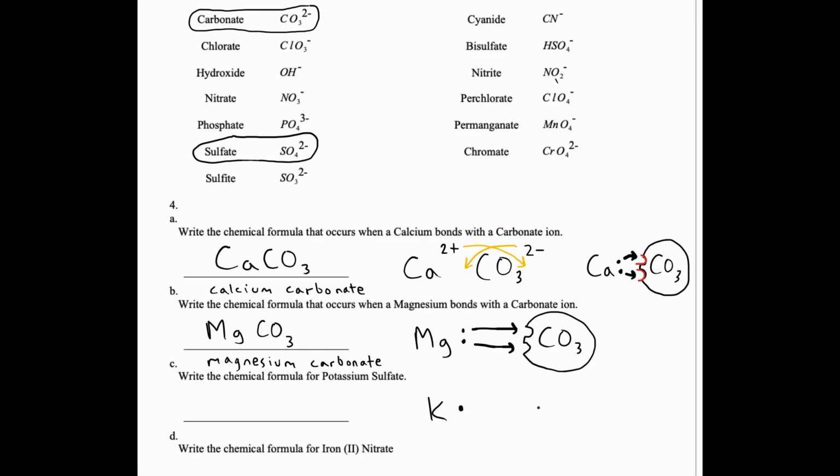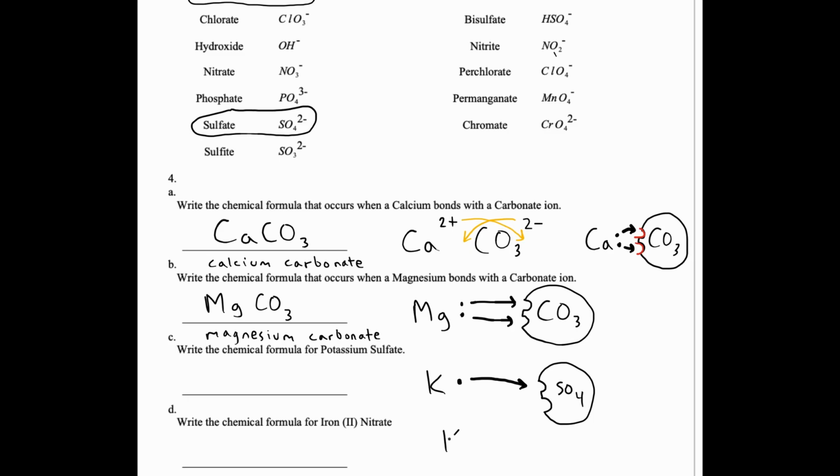So the sulfate wants 2 electrons. Potassium's only got 1 to give. So in order to fix this, we'll just bring in another potassium. And now the puzzle is complete. Potassium sulfate.